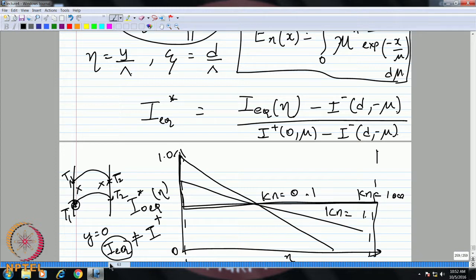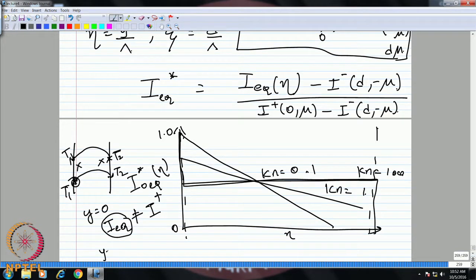But unfortunately, this becomes the same value as the physical temperature in macro scale. So, it is more appropriate to refer to intensities or energies rather than temperature. Similarly, at y equal to d, your I equilibrium is not the same as your I minus.